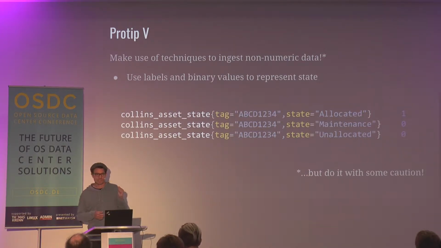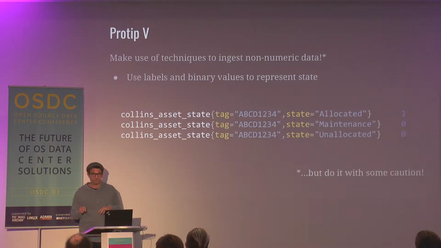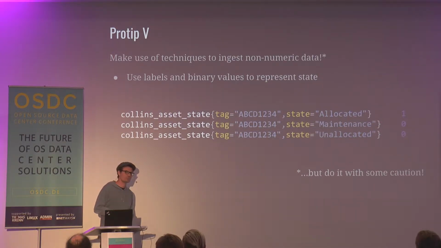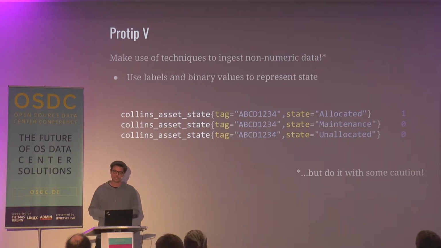A similar example, this time from the Collins exporter, a very similar situation, is when you have certain states, and you have to encode these as a number. Then you often get the idea maybe we should use a magic number. Don't, it might become very complicated.